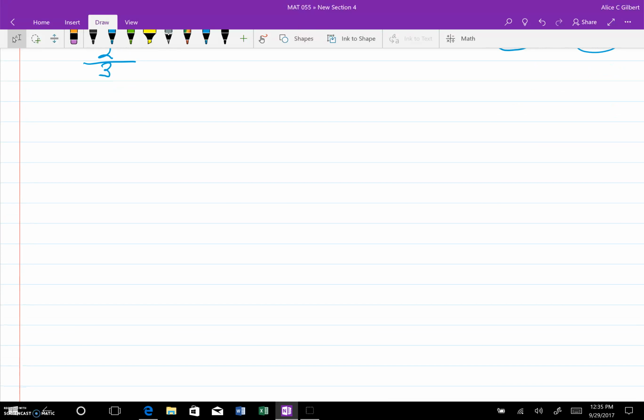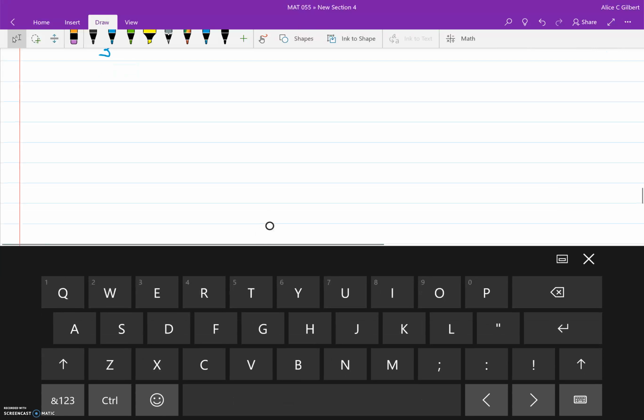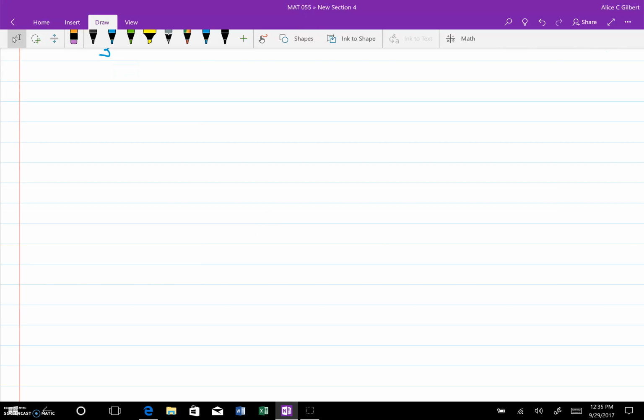Okay, let's just keep doing examples until I run out of time. So, negative the square root of 36. The square root of 36 is 6, and then negative times a positive is -6.